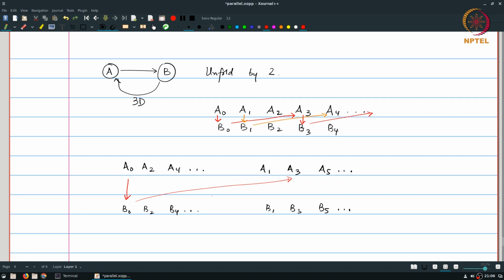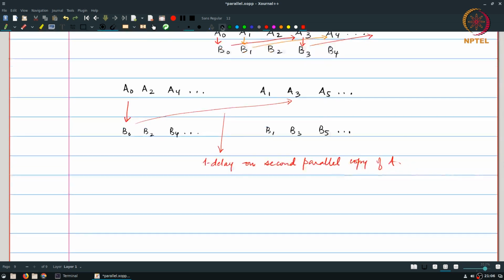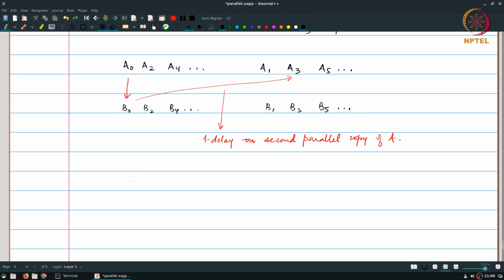Right? So in other words, it's important to understand exactly what this dependency edge implies. This is a one delay on the second parallel copy of A. Drawing this out will probably make it a little bit easier to understand. Effectively, what we have in other words is, I have the two parallel pieces of hardware, A0 and A1, and I similarly have B0 and B1.